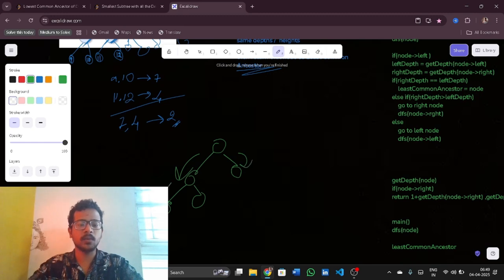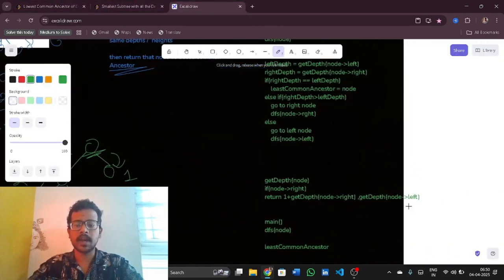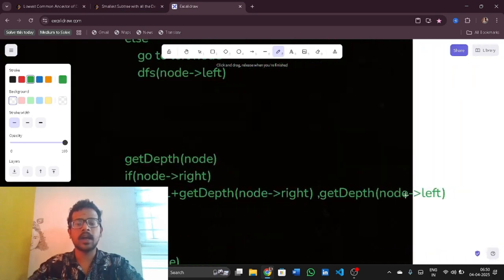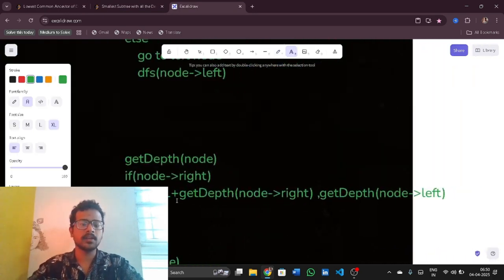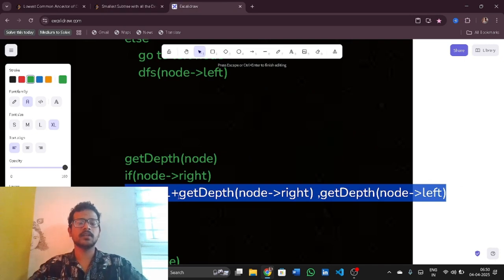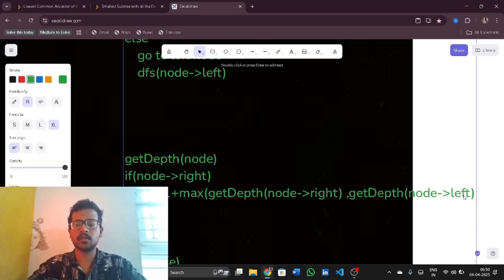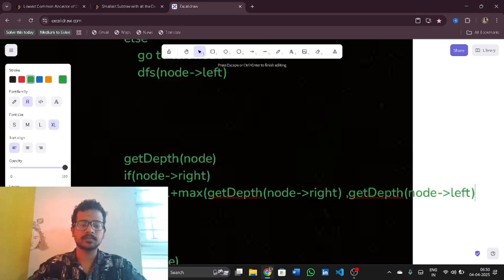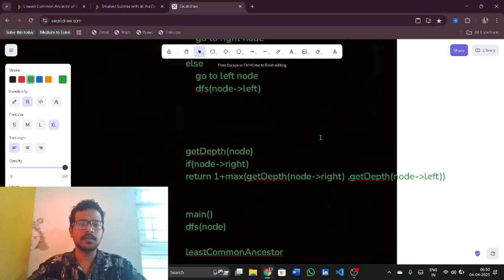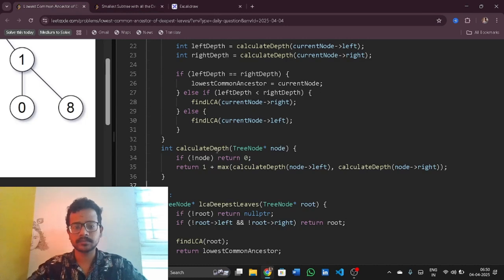This one has 2, this one has only 1. So the maximum depth for this node will be the maximum of the left and right subtrees. So this is how you solve this problem.